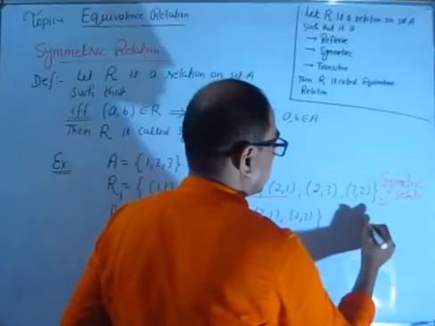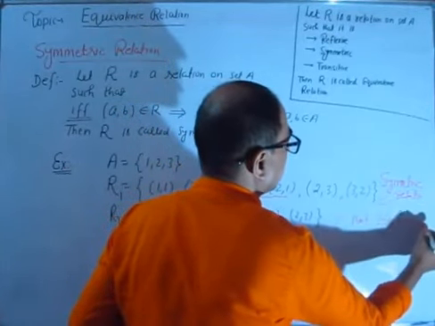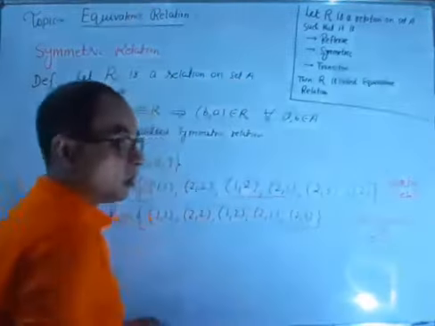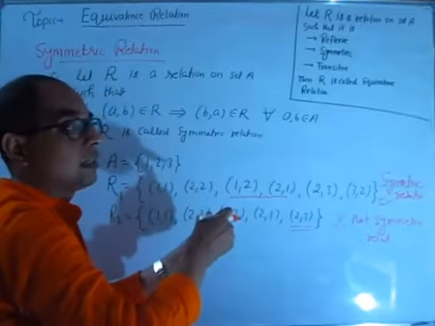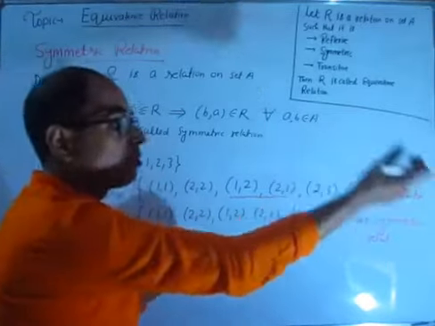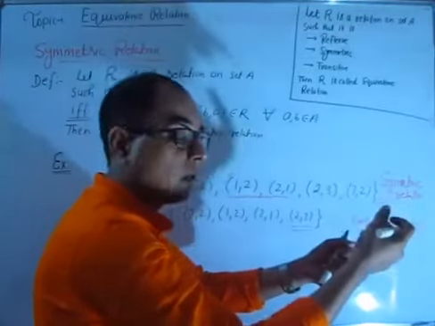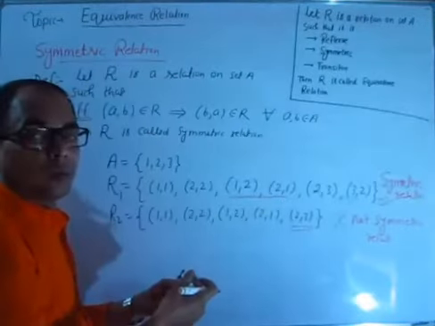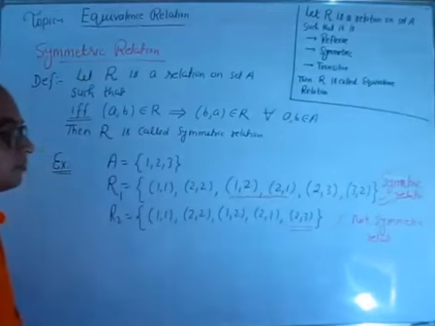Because for symmetricity, what is the condition? If a is related to b, b must also be related to a. So if 2 is related to 3, there should be 3 related to 2. But that is not given here, so it is not a symmetric relation.